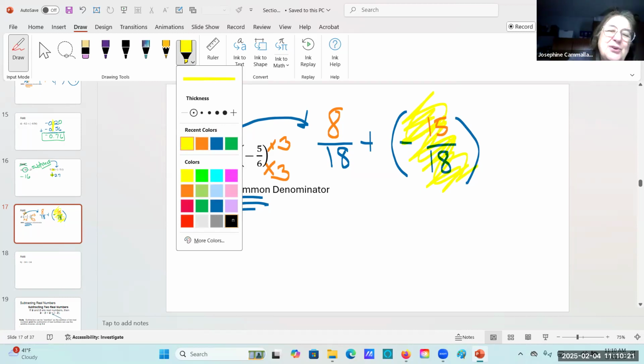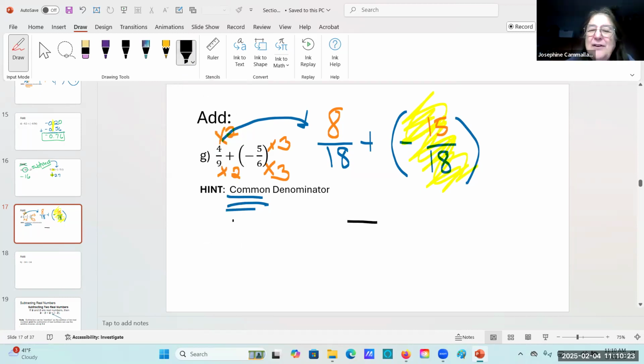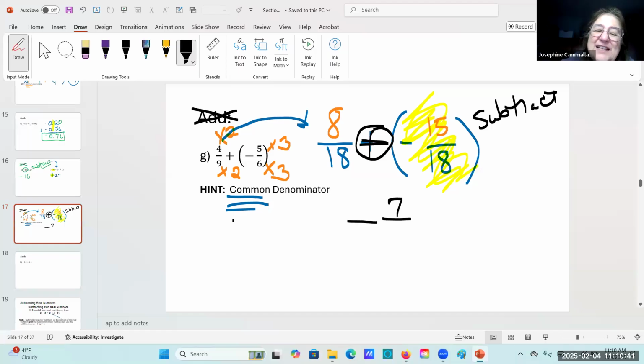So my answer is going to be negative, but the instructions say add, and the reason it says add is because I got that plus sign. I'm really subtracting, which is going to give me a negative 7/18.